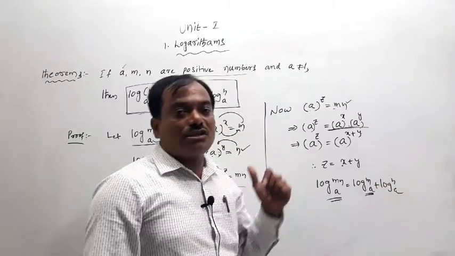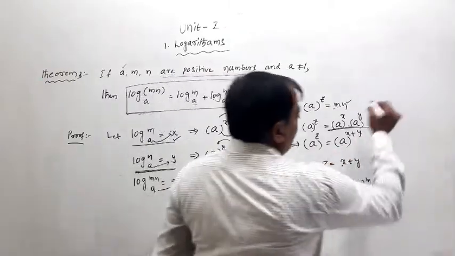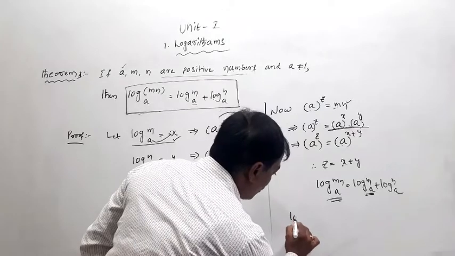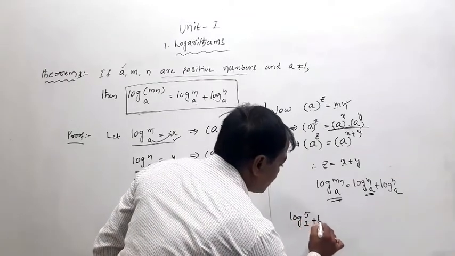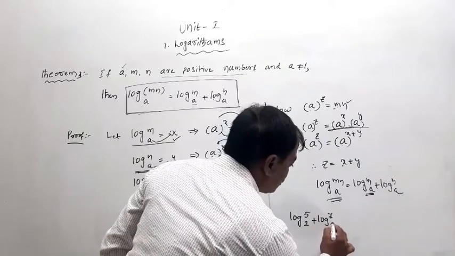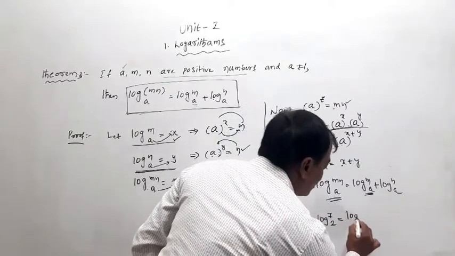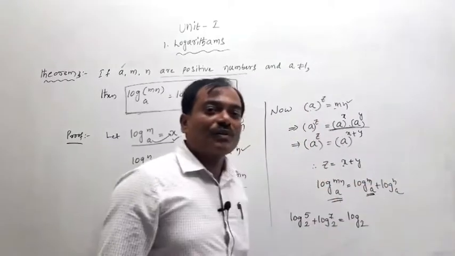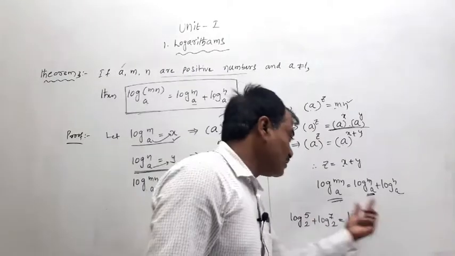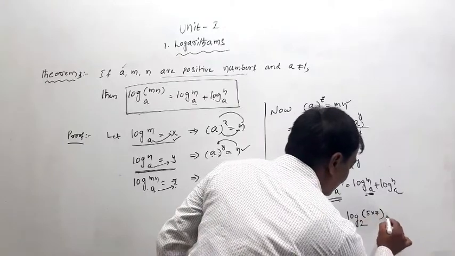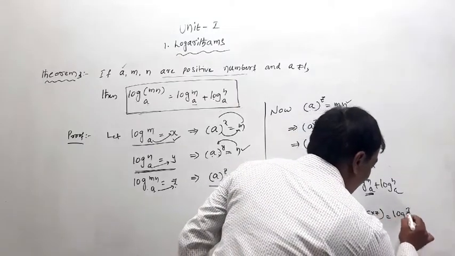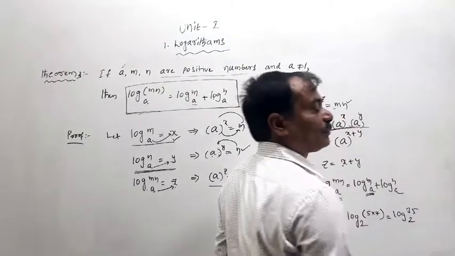So by using this property, for example, log 5 to the base 2 plus log 7 to the base 2. What is this value? This is equal to 5 into 7, which means log 35 to the base 2.